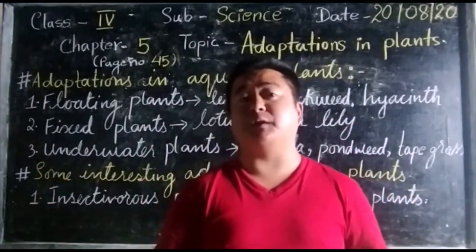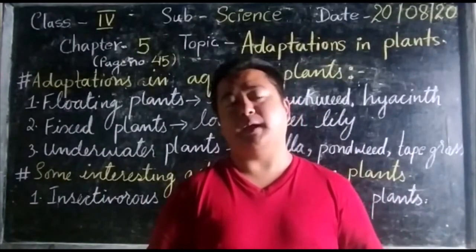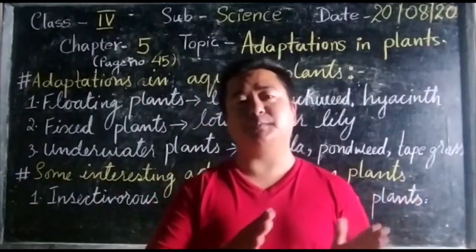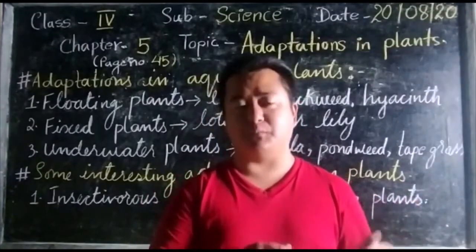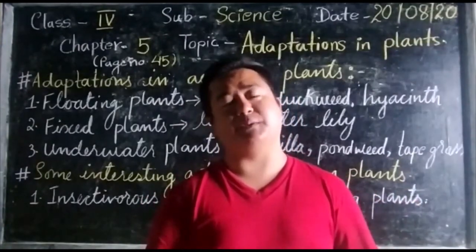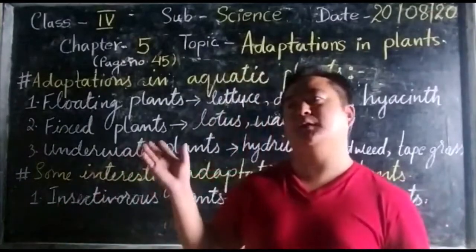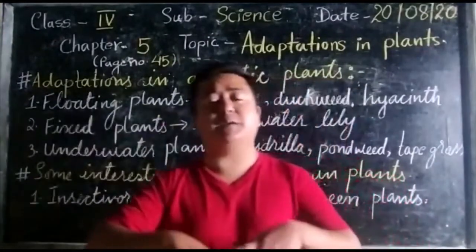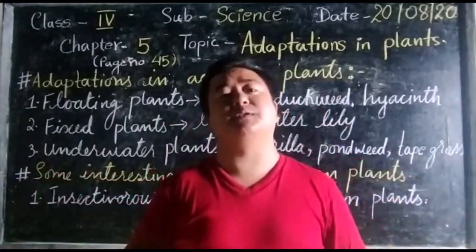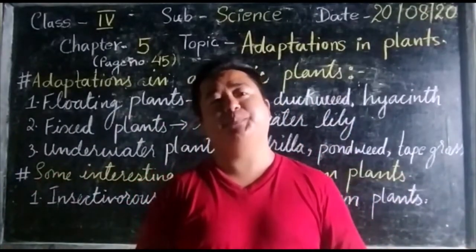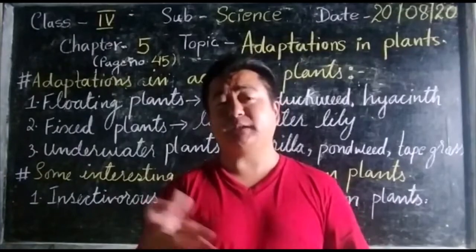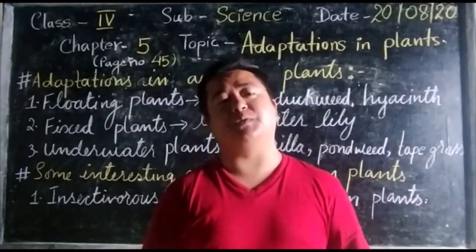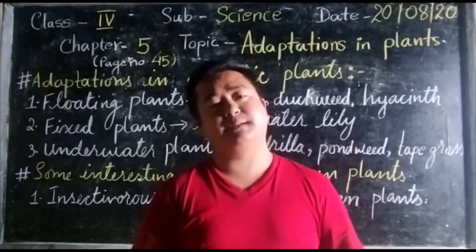And the stems are very long, hollow, and very flexible, and the stems move along with the movement of water because they are flexible. Since fixed aquatic plants have very broad and large leaves on the surface of the water, they absorb a large amount of sunlight, and it helps in the process of photosynthesis.